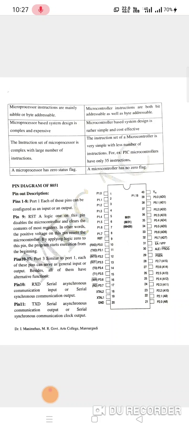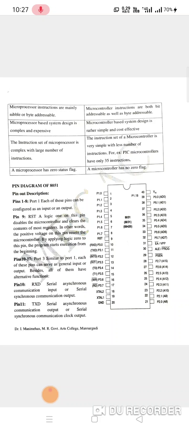Pin number 1, it is the 40 pin IC. It is the Intel IC, Intel 8051. It is the same as the 8031 IC. Pin number 1 to 8 is port 1.